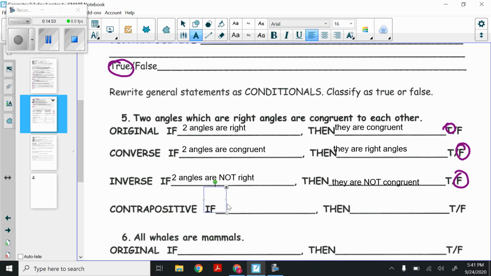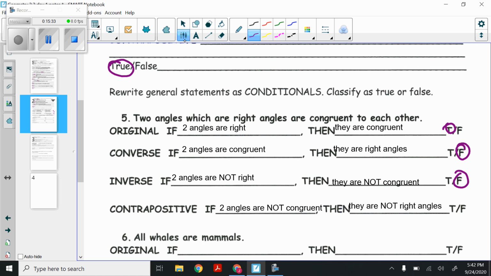So the converse said if two angles are congruent, then they are right angles, so I made it say if two angles are not congruent, then they are not right angles. True or false? If two angles are not congruent, then they are not right angles. Well, that's true, because if they were going to be right angles, they would have to be congruent to each other.